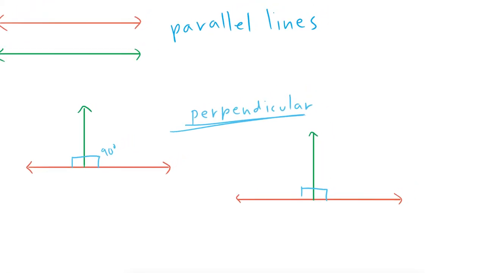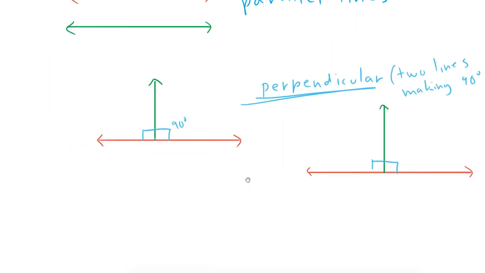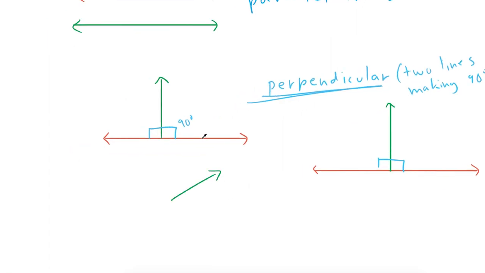Or two lines making a 90-degree angle. Okay. So would you say that this line right here and this line are perpendicular?